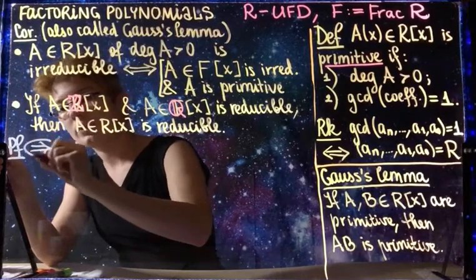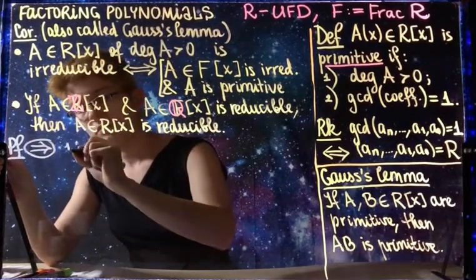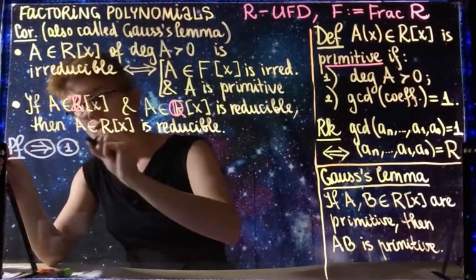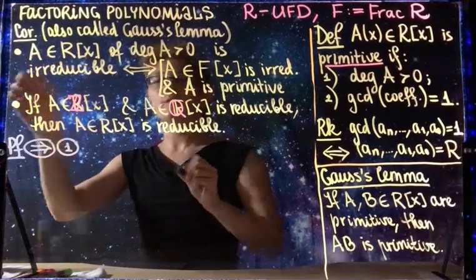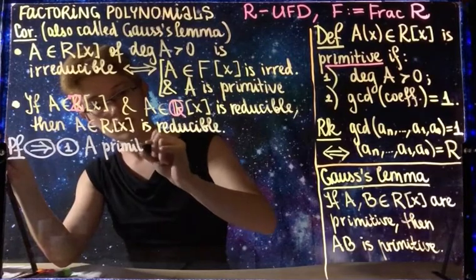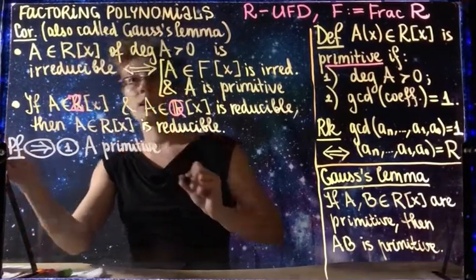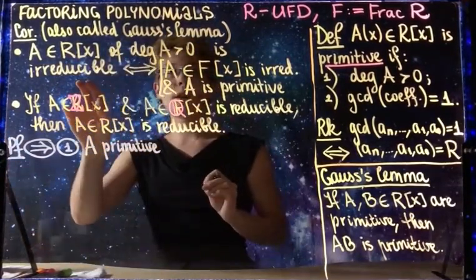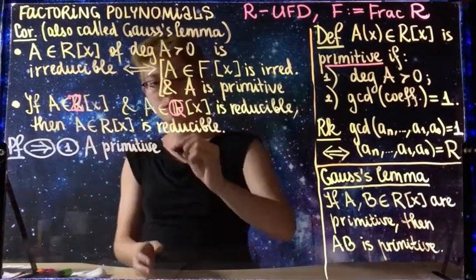First, the forward direction. We can observe that A is primitive because otherwise it would not be irreducible.